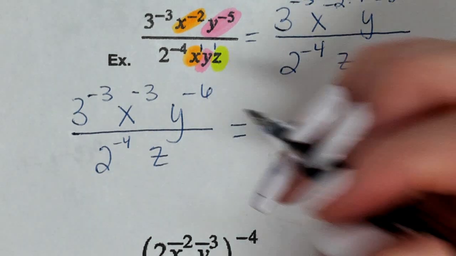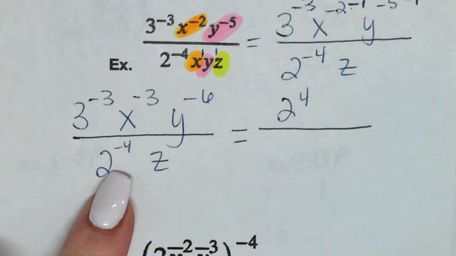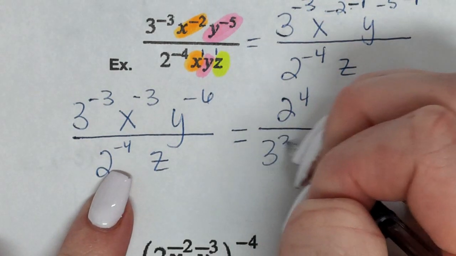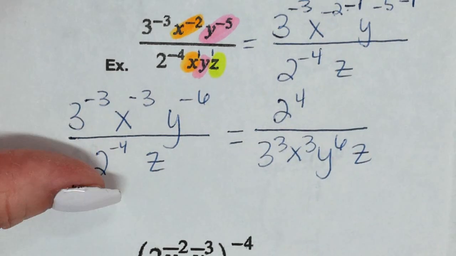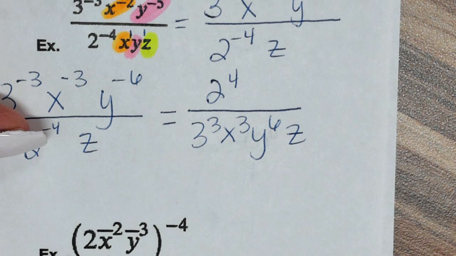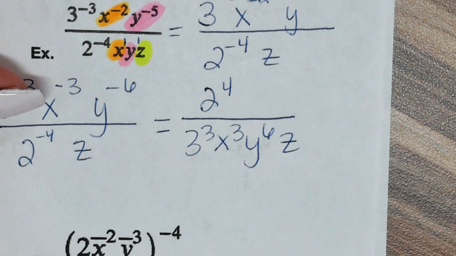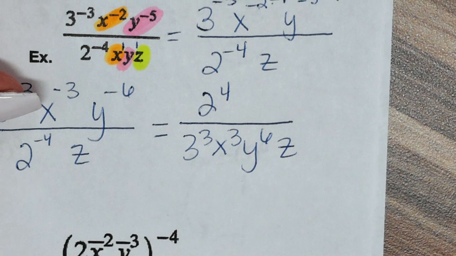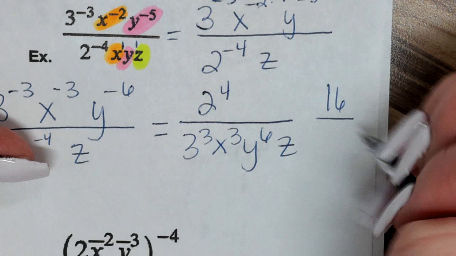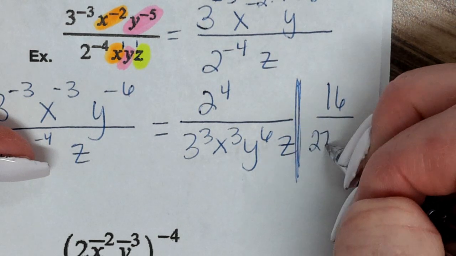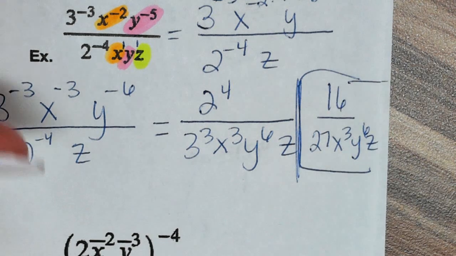All right, so here we go. 2 to the 4th comes to the top. 3 to the 3rd, x to the 3rd, y to the 6th, z stays on bottom. And then I can expand 2 to the 4th and 3 to the 3rd. 2 to the 4th is 16. 3 to the 3rd is 27. And there's my answer.